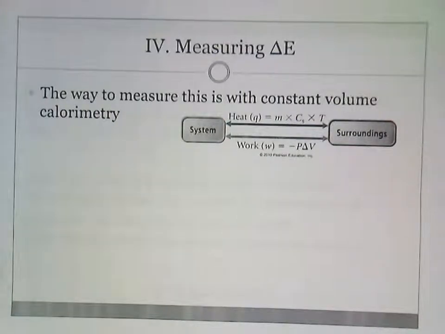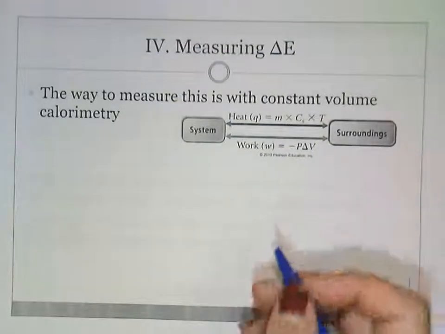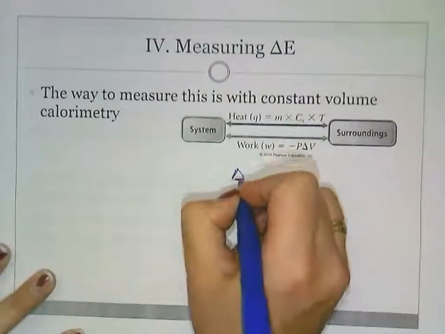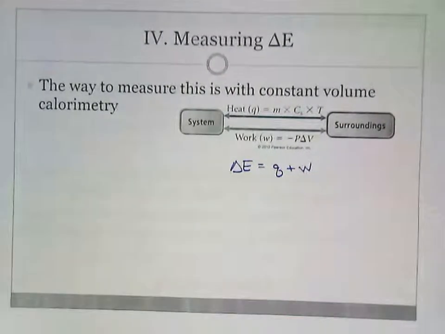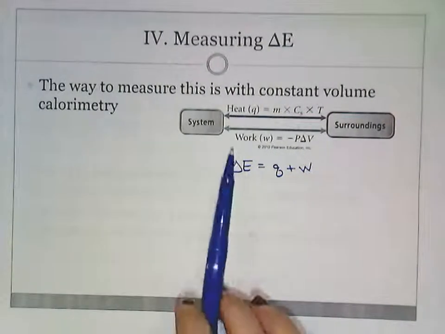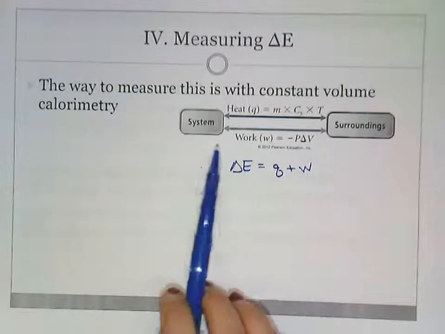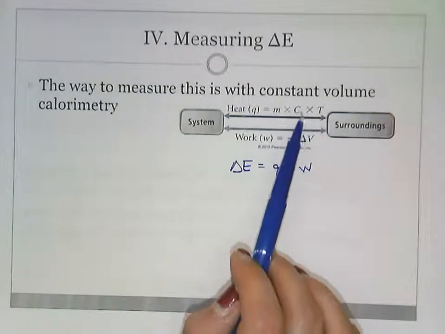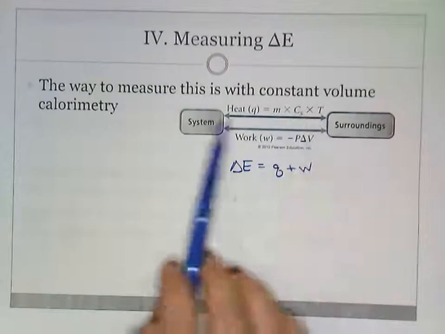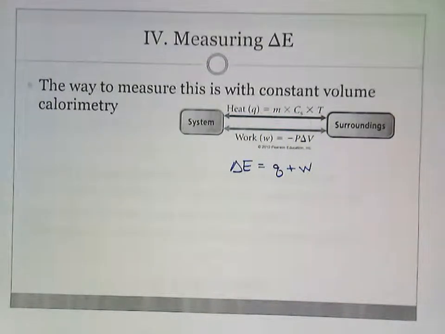So right here I have my system and my surroundings. If delta E is Q plus W, and work tells me change in volume at constant pressure, I can do work either way. And if heat is a measure of temperature change, specific heat, mass, and that can go either way, and delta E is a combination of those two, I have to know both technically to be able to answer it.